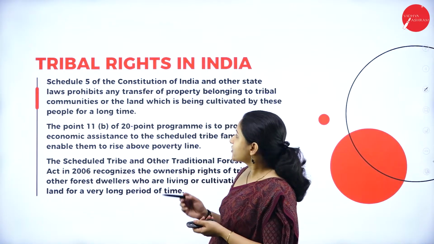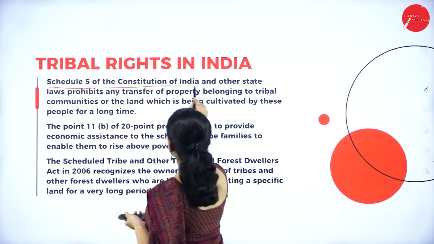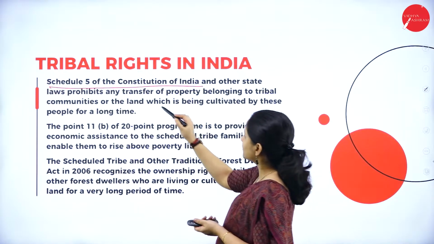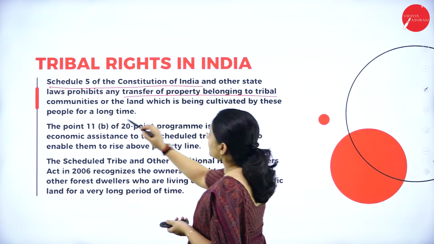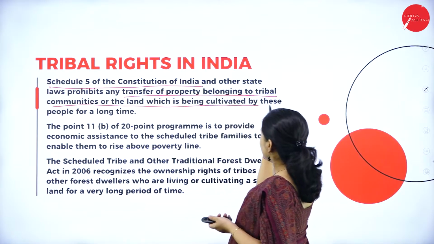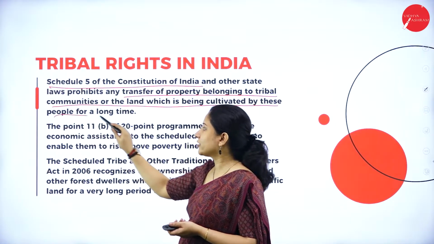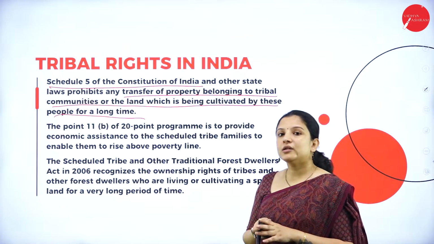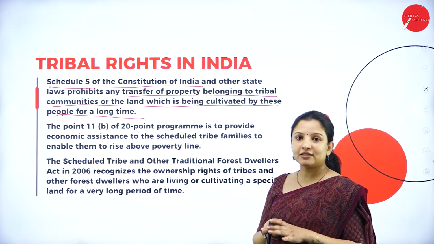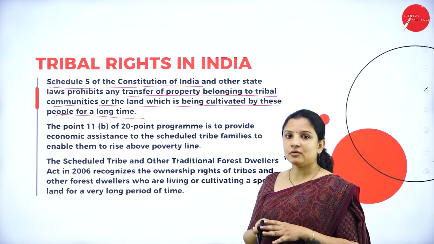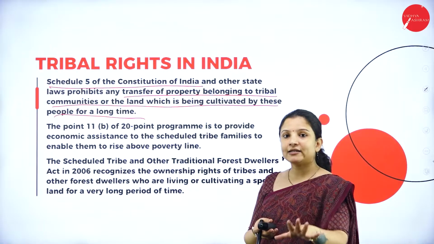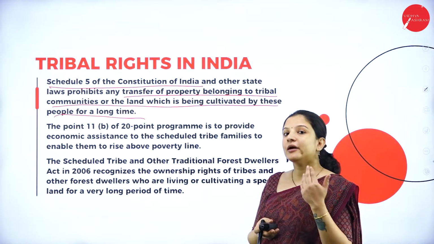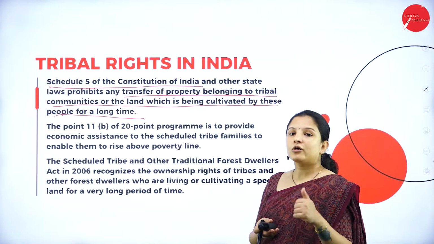Next is Schedule 5 of the Constitution of India and other state laws. It prohibits the transfer of property belonging to the tribal community or the land which is being cultivated by these people for a long time. Because I told you the tribal people are quite innocent, what will the other people of the higher communities do? They will just brainwash them and give them very little money for the property, and they will buy the property from them either by paying them very little money or by hook or crook.